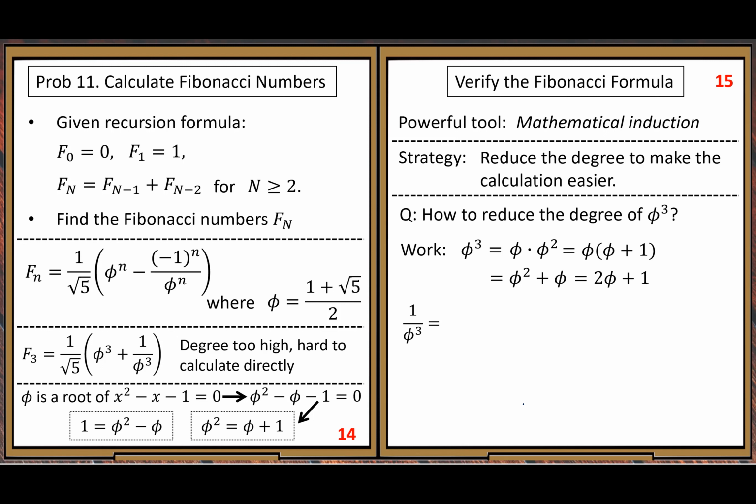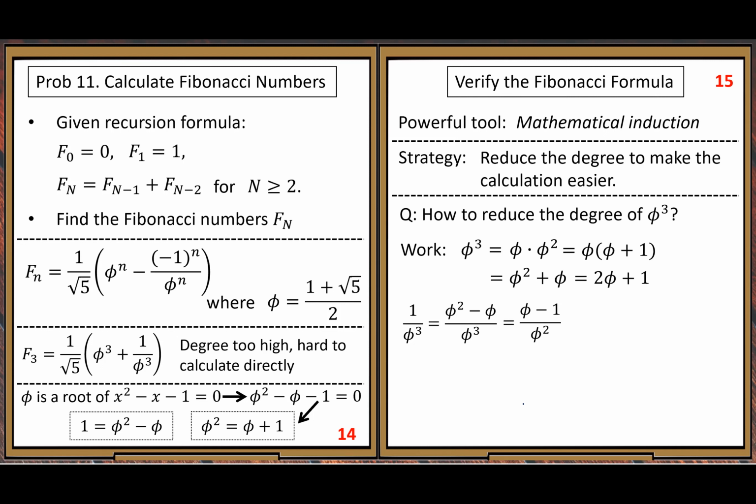Let us look at 1 over phi cube. 3 is too high, we want to make it smaller. Can we replace 1 by phi squared minus phi? Phi squared minus phi. Can we do a little cancellation?